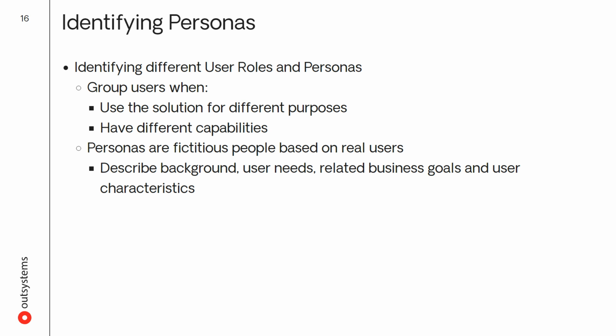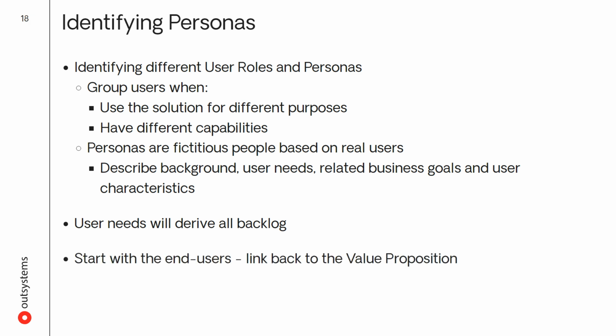A persona is meant to further understand a group of related users, so it should describe a background, user needs, related business goals, and its user characteristics or metrics. These user needs will derive the backlog during the project. And remember, users are the starting point for business analysis. Always start with the end users, so we may link back to the value proposition at any point in time.